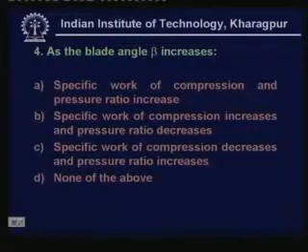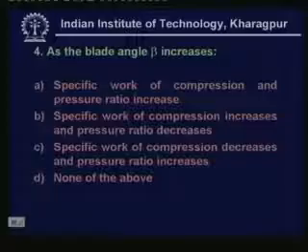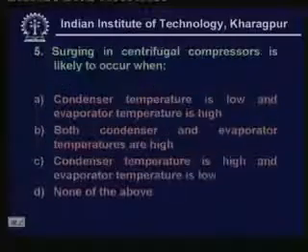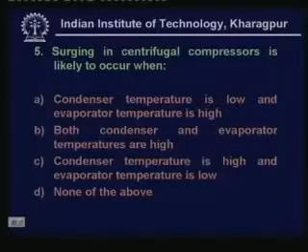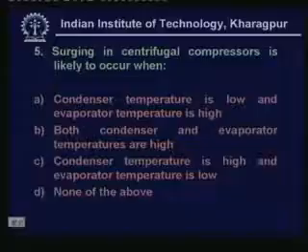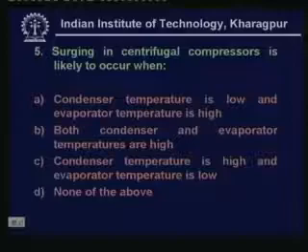4. As the blade angle beta increases, A, specific work of compression and pressure ratio increase, B, specific work of compression increases and pressure ratio decreases, C, specific work of compression decreases and pressure ratio increases, and D, none of the above. So question number 5, surging in centrifugal compressors is likely to occur when A, condenser temperature is low and evaporator temperature is high, B, both condenser and evaporator temperatures are high, C, condenser temperature is high and evaporator temperature is low, D, none of the above.